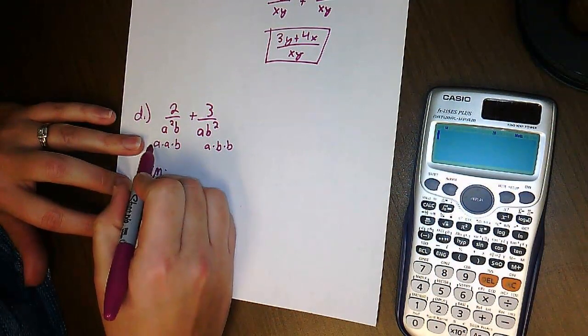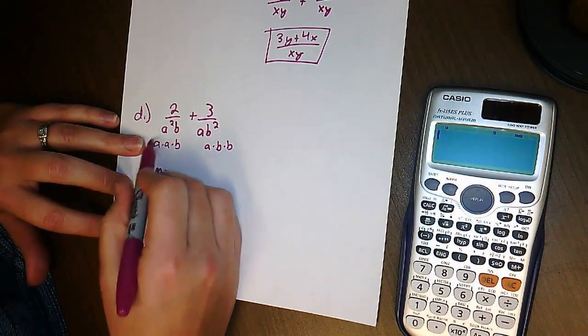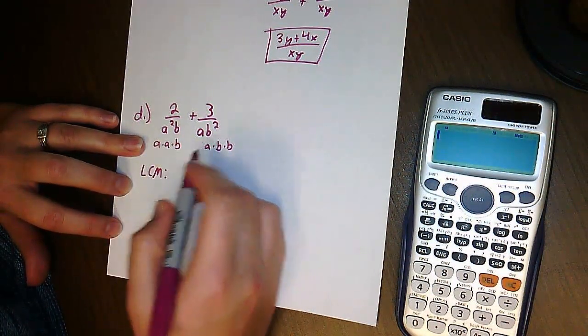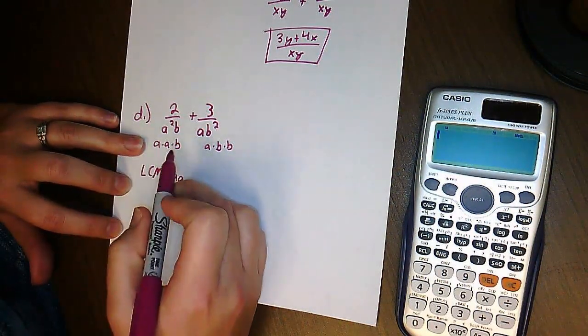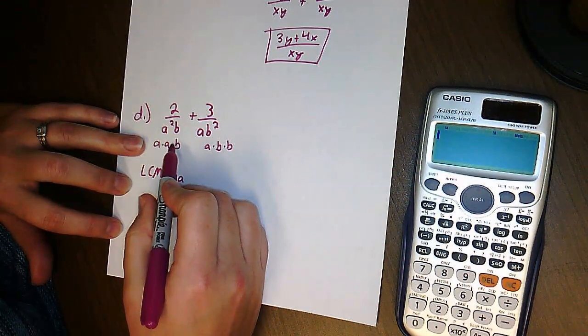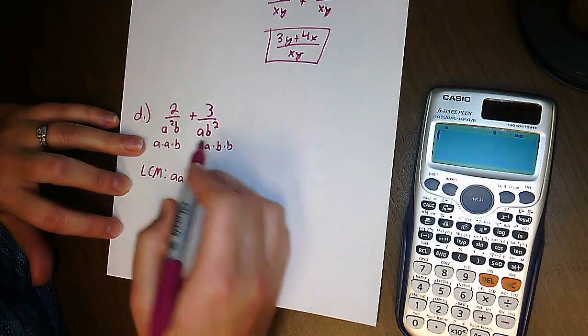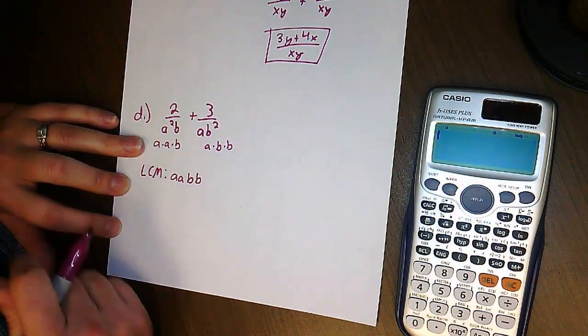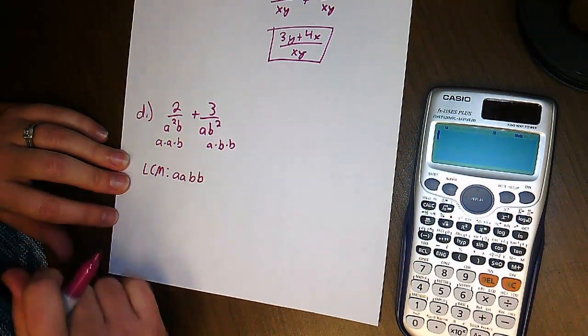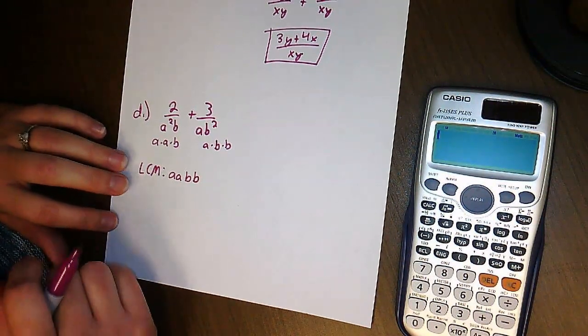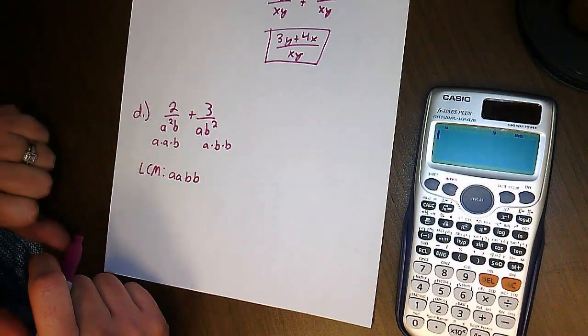So like you see how we have double A's here, and over here we just have a single A. For the LCM, you've got to have double A's, okay? The B's, we only had a B here, and then we had double B's here. We're going to need double B's for our LCM. Okay, so it's backwards for the variables. You do have to have multiples up there.